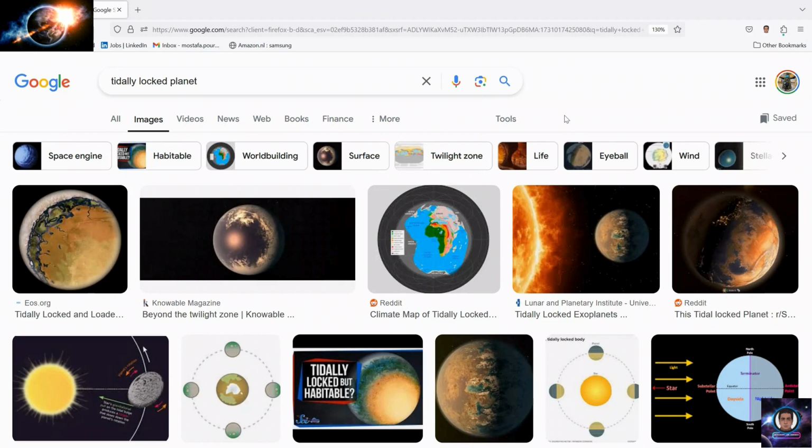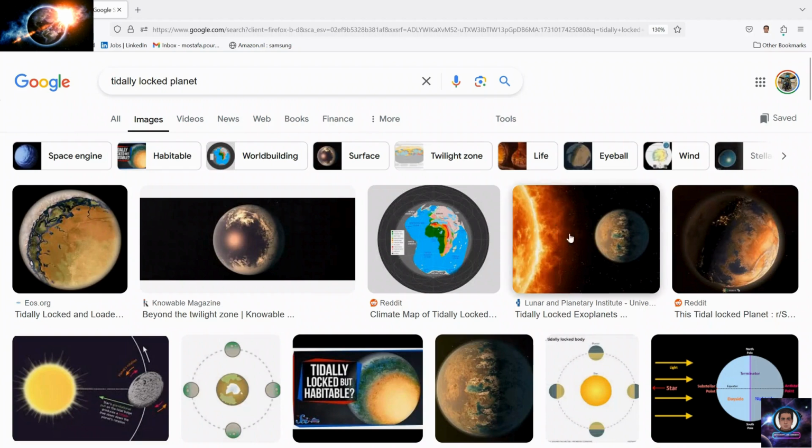Half of the planet is always being heated by the sun or their star, whatever the name is, and the other half of the planet never sees any heat or light or anything.